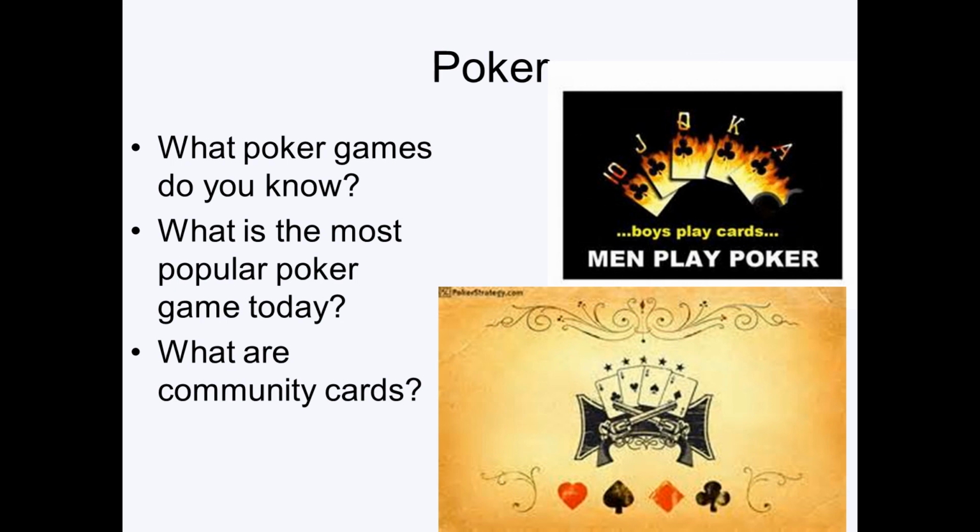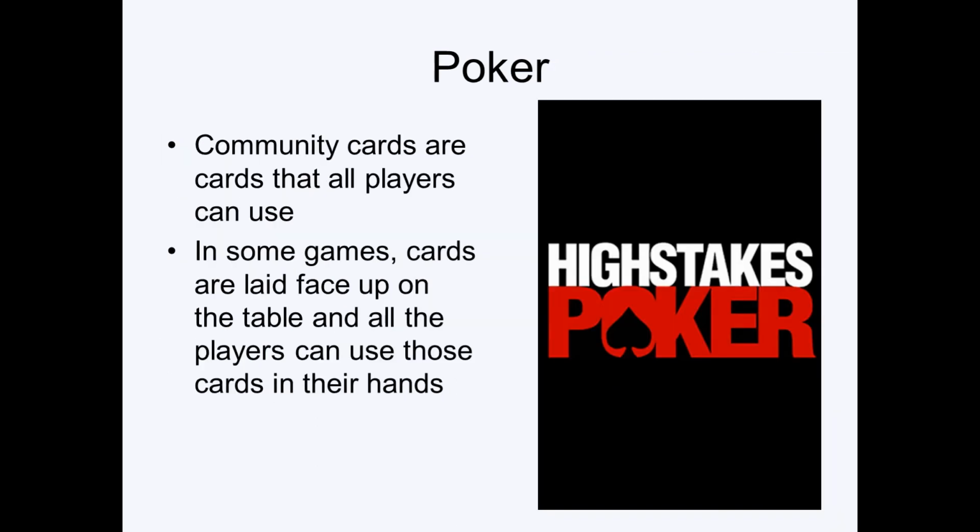Okay, kind of, yeah. We can say that. I think you got it. I think we can say it a little better, but I think you got it. Community cards are cards that all players can use, right? Some games, you have some cards to yourself, but also there's cards face up on the table. If there's an ace there and you have an ace, you could use that ace, right? Those are called community cards.